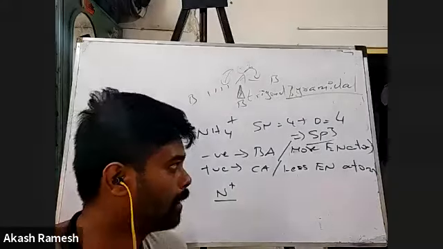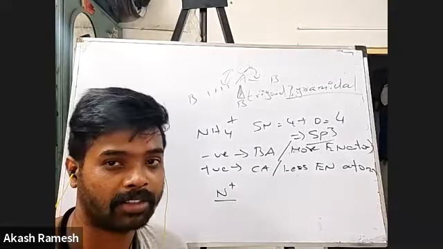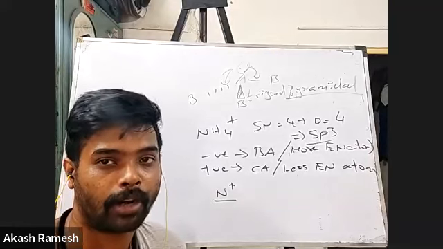So there are no lone pairs, there is no pi bond, just sp3 having 4 unpaired electrons.